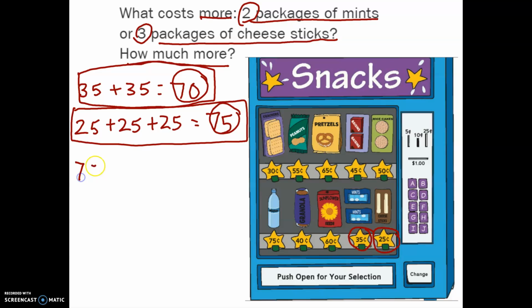So I need to write a 3rd number problem, and I need to subtract the total of the mints from the total of the cheese sticks, and I'm going to get 5. So the cheese sticks cost 5 cents more than the 2 packages of mints. So, ladies and gentlemen, this is an example of a multi-step problem. I need to do more than one thing in order to solve the problem.